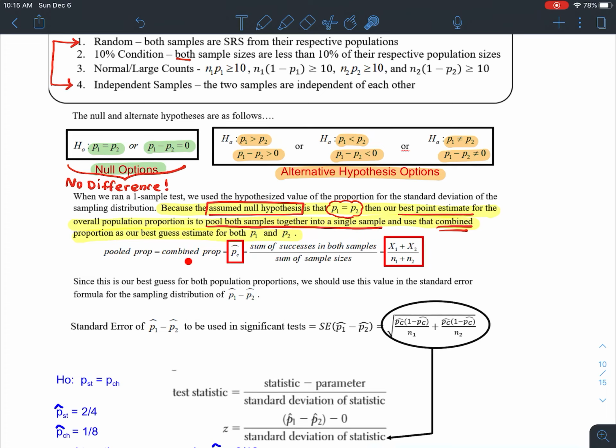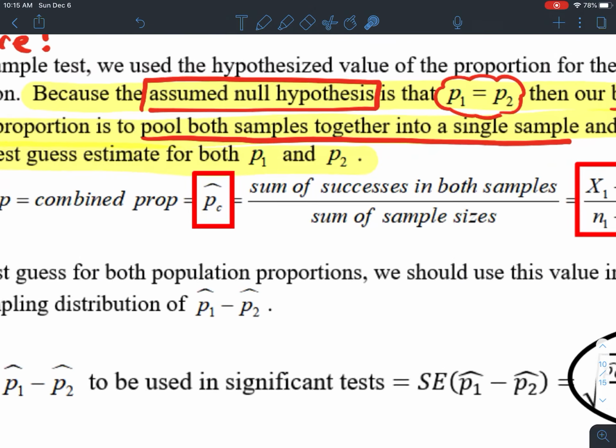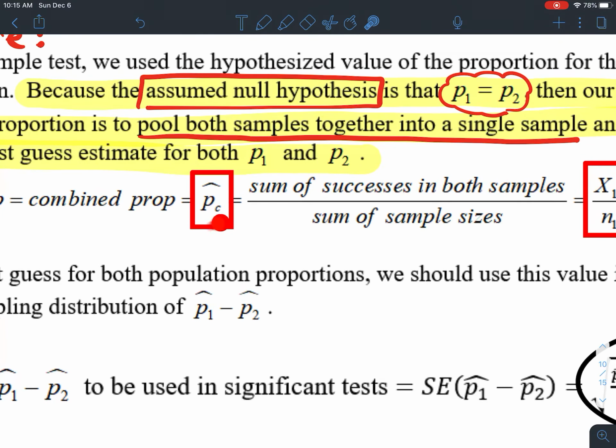We call this a pooled proportion or a combined proportion. Now you would be doing this with your samples, like p hat sub 1 and p hat sub 2. So when we combine them together, we use this notation p hat sub c, representing that we've pulled together both of the samples into a single sample.